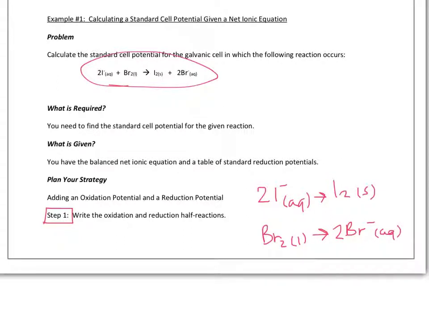And of course, since we're writing out half reactions, these need to include the electrons. Notice that we have a 2 negative charge here on the reactant side. We have an overall charge of 0 on the product side. We always add electrons to the higher number, which would be 0, and we would need to add 2 of those.